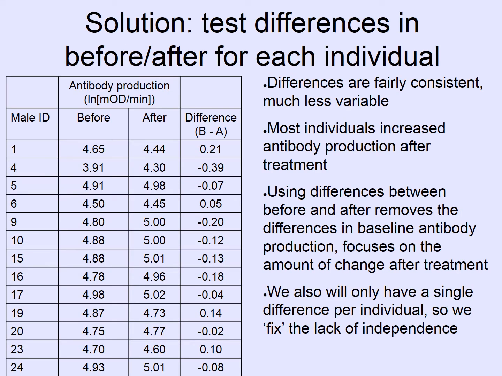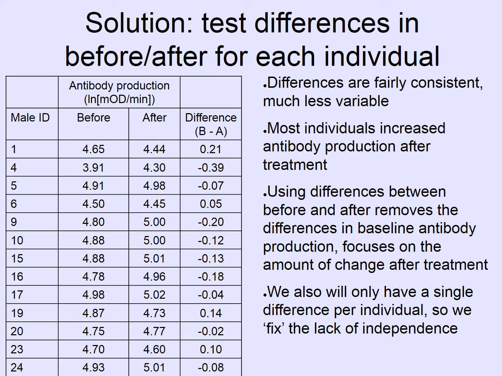So what do we do? Instead of taking these before and afters and comparing them directly, we take a difference. Just as I said, we'll take the value of an experimental unit before, minus the after, and we'll get the difference.